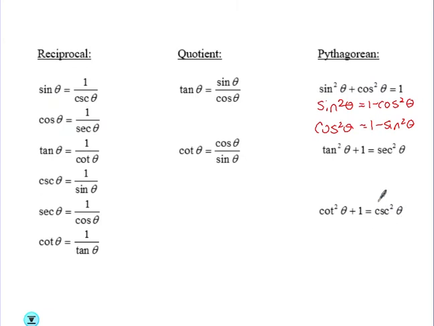Well, cosecant squared theta is cotangent squared theta plus 1. So if I do this substitution, that would give me all cotangent, and then I can factor. So I'm going to substitute cotangent squared theta plus 1 for cosecant squared theta.